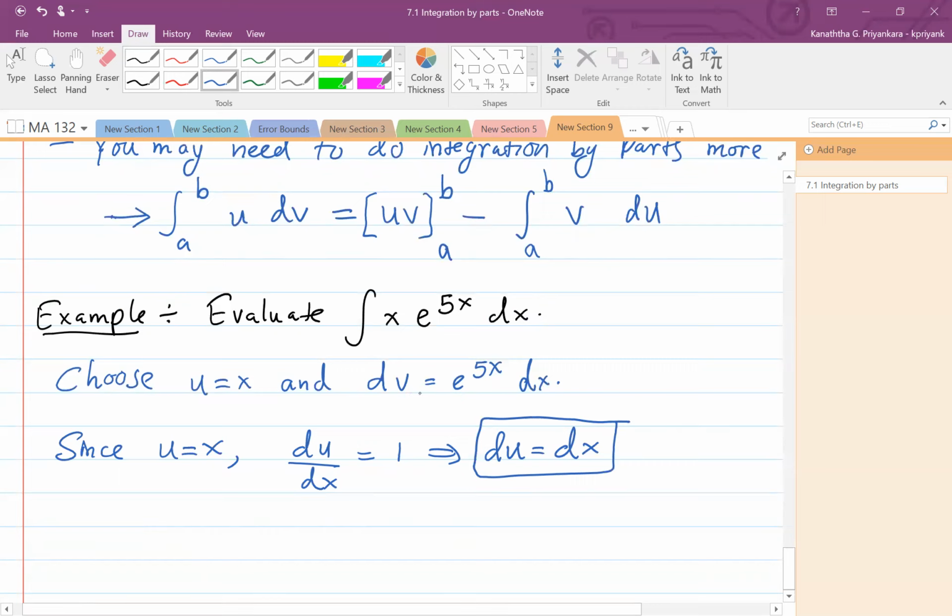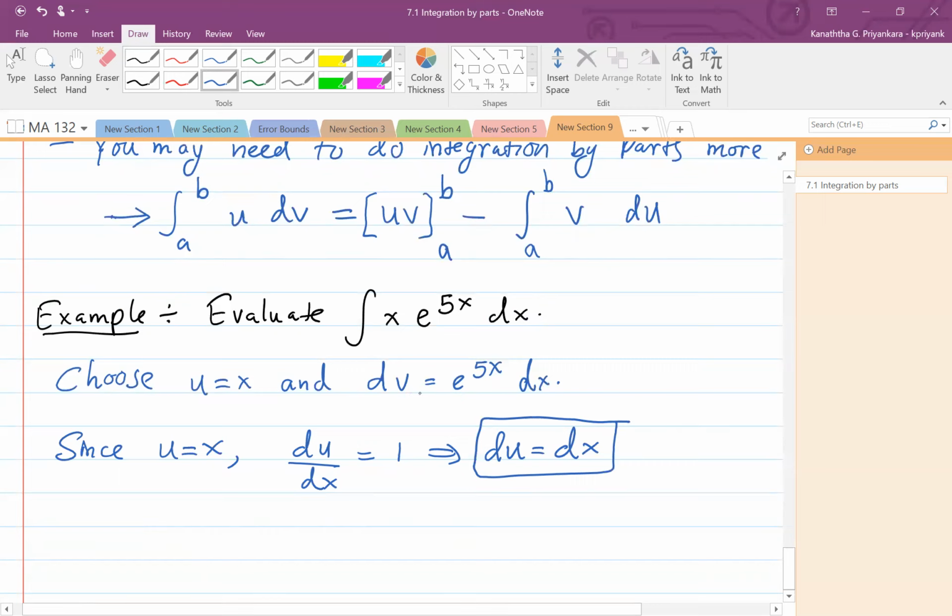If you do that, then you get the integral of e to the power 5x as e to the power 5x, and then we divide by the derivative of 5x, which is 5. So divide by 5. On the left hand side we get v. So that is u, dv, du and v.